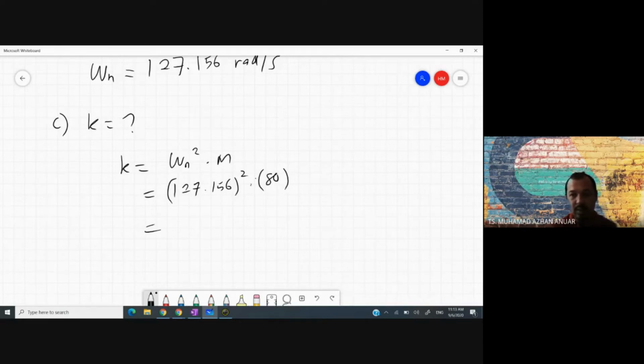That is something like 1294. So you get 1294 times 10 to the power of 3 kilonewton per meter. That is your answer for question C.